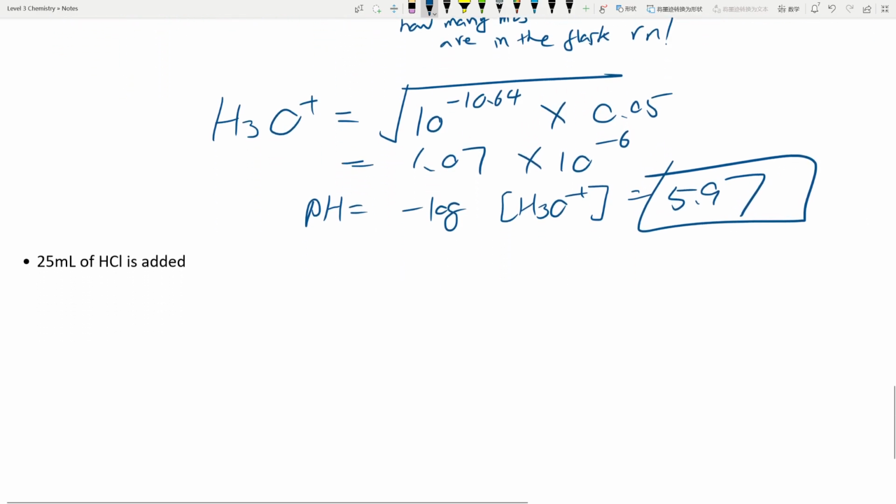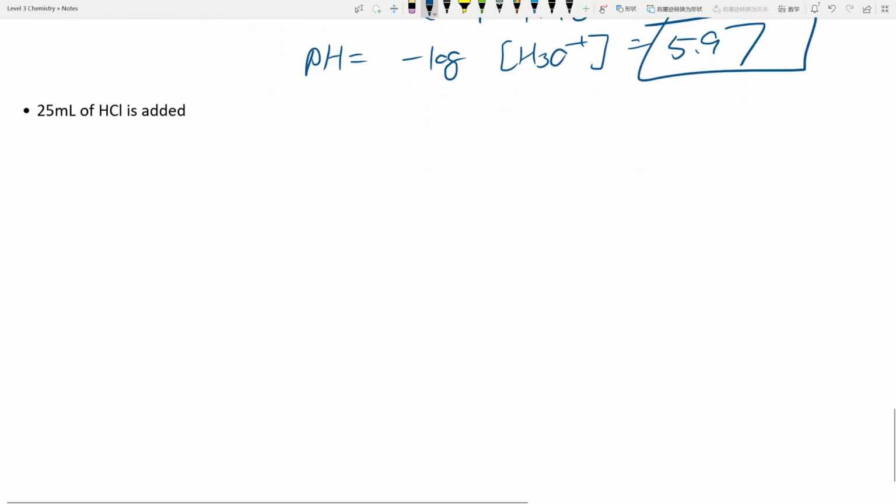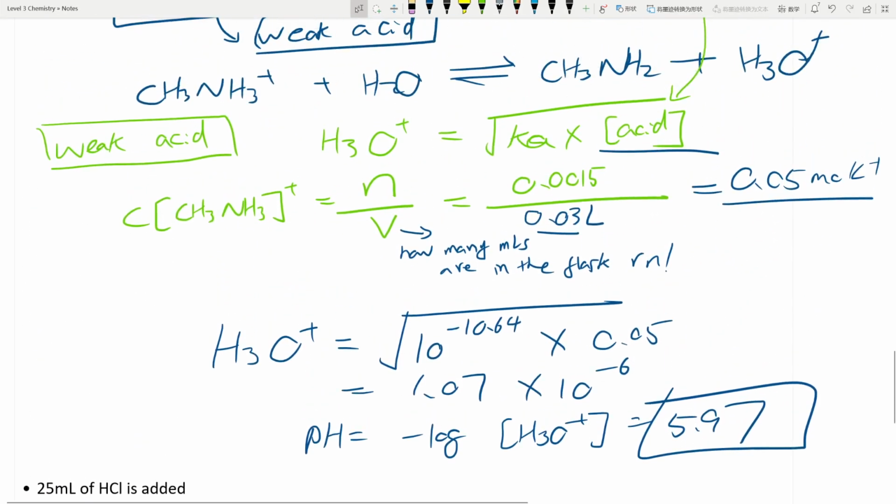Okay. Now last point. This video, the titration curve is always going to be a little bit longer. That's why we need 2 parts. Now last point, the pH when 25 mils of HCl is added. So let's think about this again. Because we already did this part, I don't want to redo everything again.